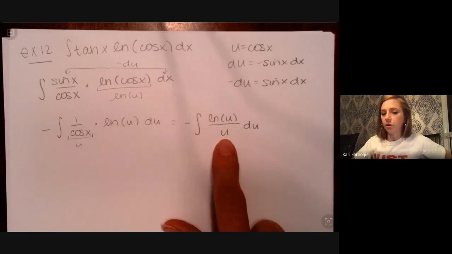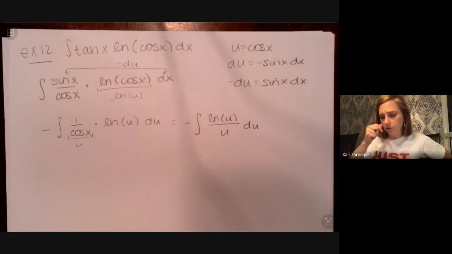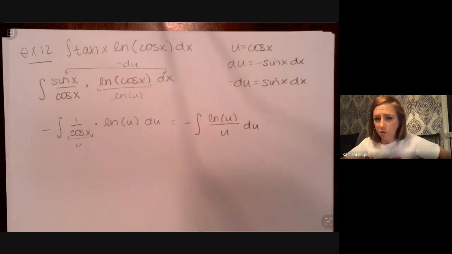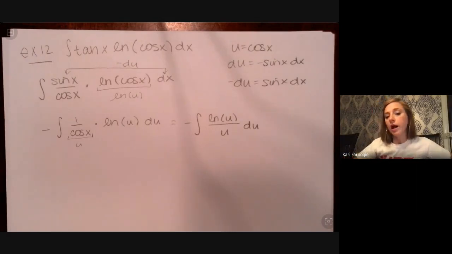And if you're thinking in advance of what's going to happen here, well, this one is not a situation where you're going to be using an inside function per se. You're trying to match up some sort of function and its derivative. Well, I know that the derivative of the natural log of u is 1 over u du.